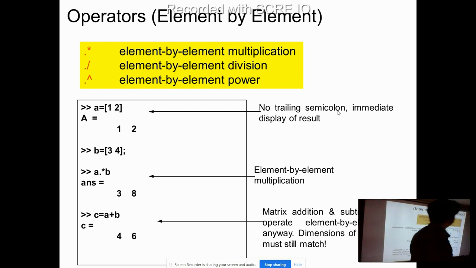I proceed by an operator called dot. Dot before the main operator which I want. I want multiplication element to element, so I use the dot operator before multiplication. That means dot star. Dot star will give you element to element multiplication.